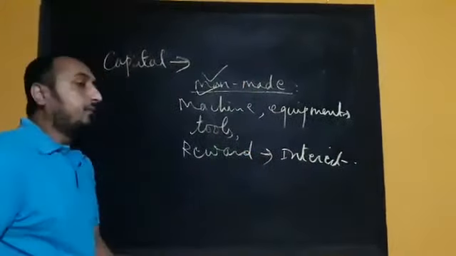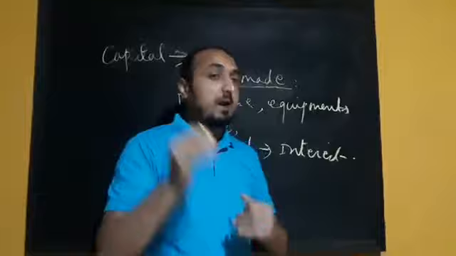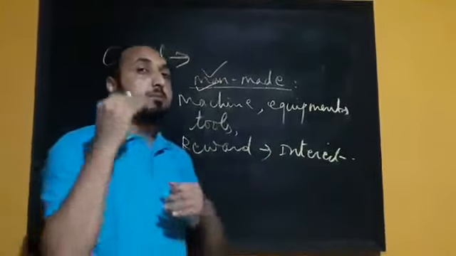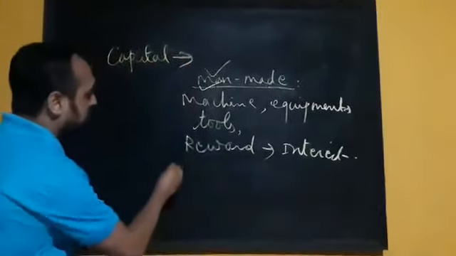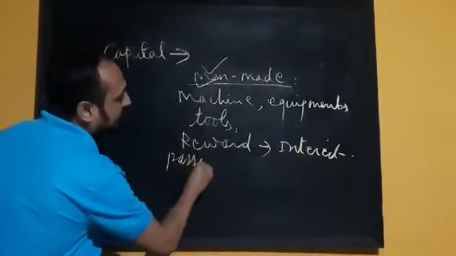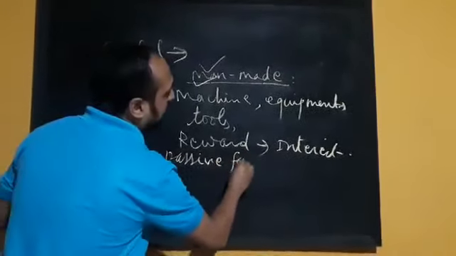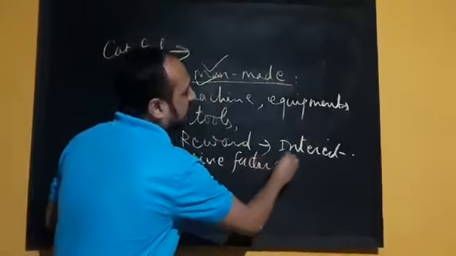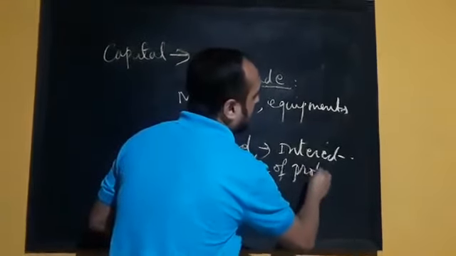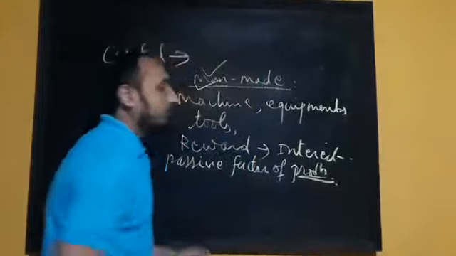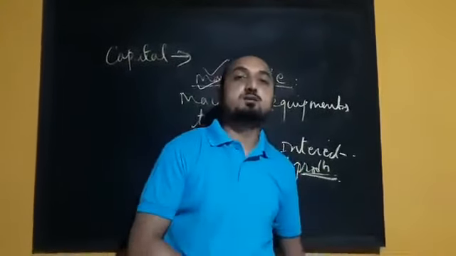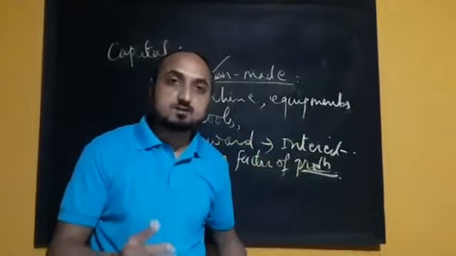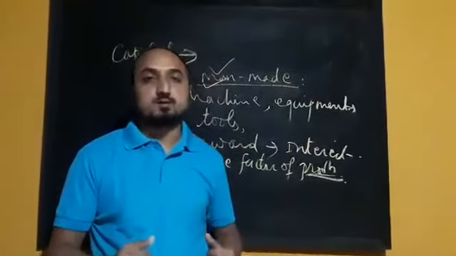And similarly, whether a factor of production is active or passive, this capital is a passive factor of production. Why is it passive? In order to use that machinery and equipment, at least labor is needed. That's why it is called a passive factor of production.